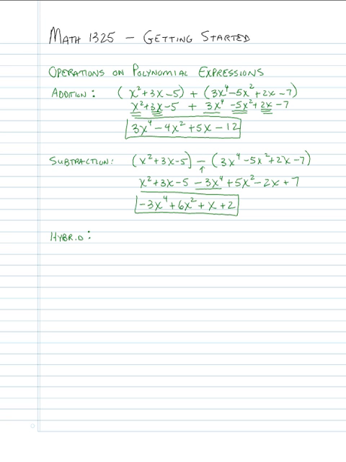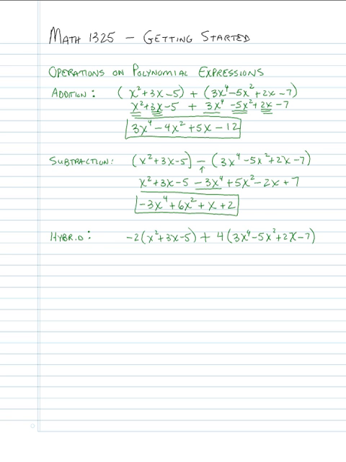But suppose we had negative 2 times x squared plus 3x minus 5, and we were, let's say, adding 4 times 3x to the fourth minus 5x squared plus 2x minus 7.